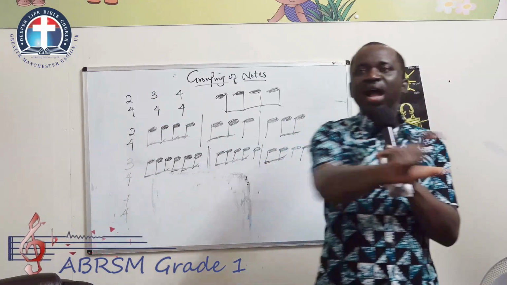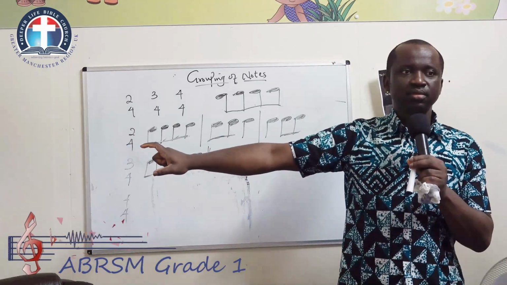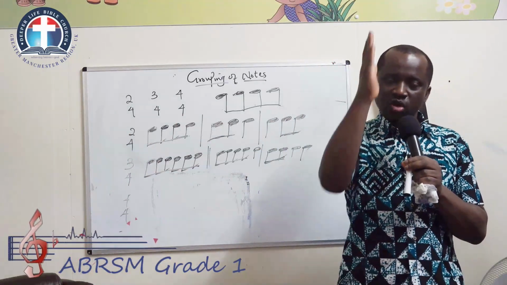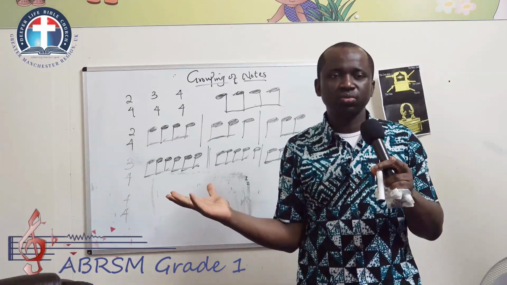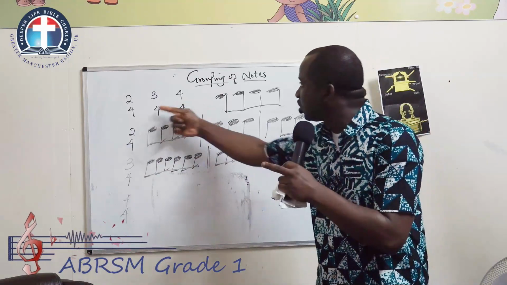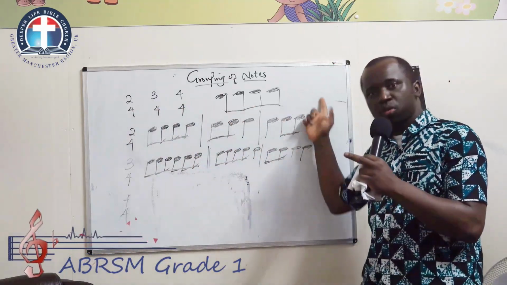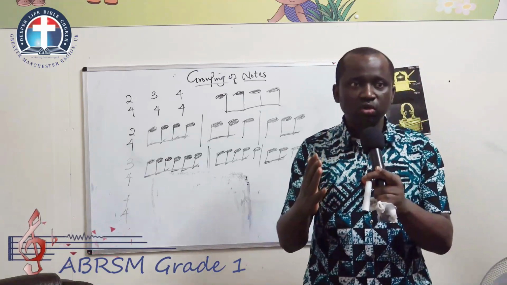So that means you can't group 8 quavers together. How can you group 8 quavers? What will you do? Group 4 and group 4, because you are separating 1, 2 from 3, 4.